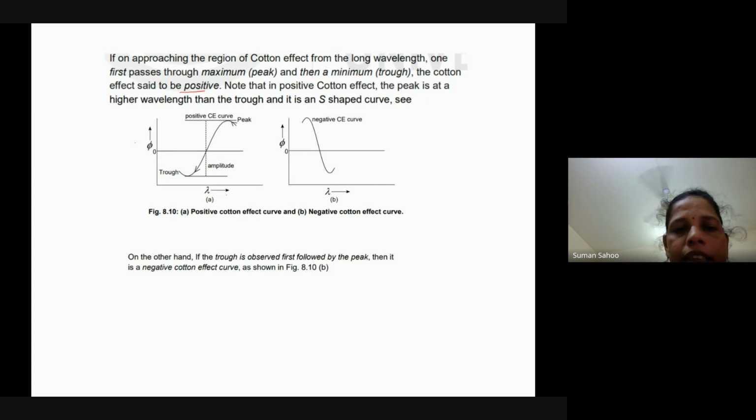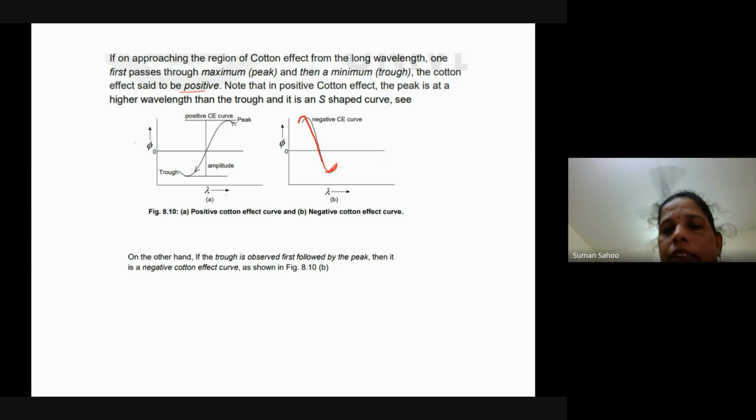On the other hand, if the trough is observed first, when we are decreasing the wavelength, first a trough and then a crest, first a minimum and then a maximum, that is known as a negative Cotton curve.